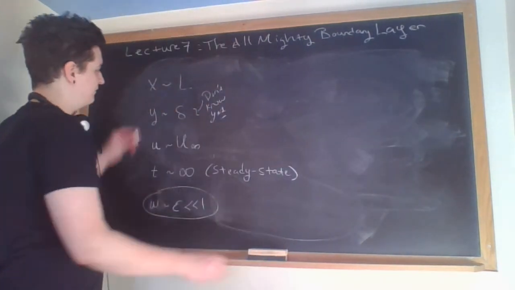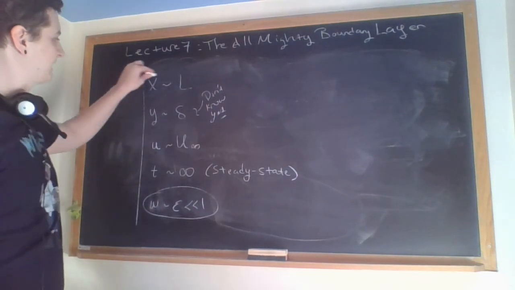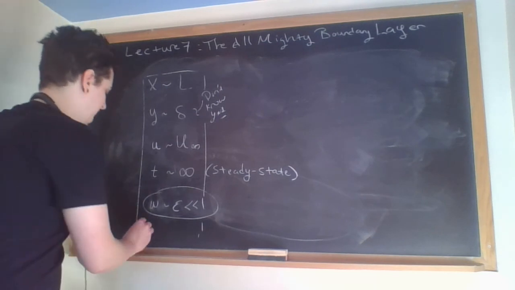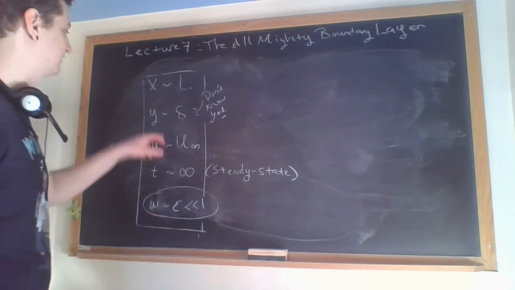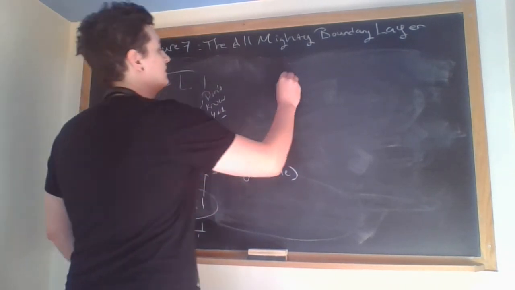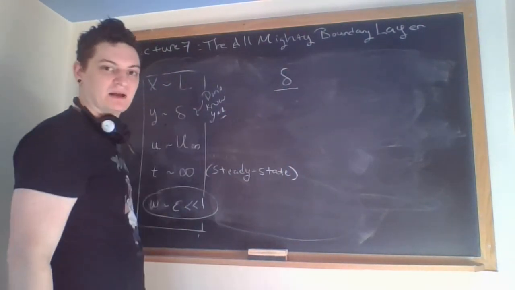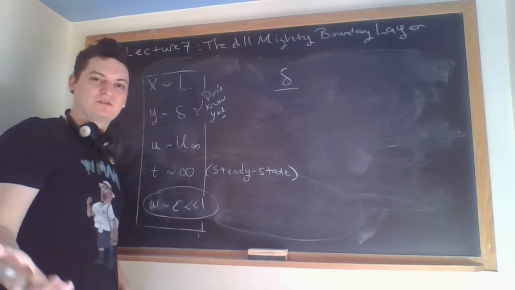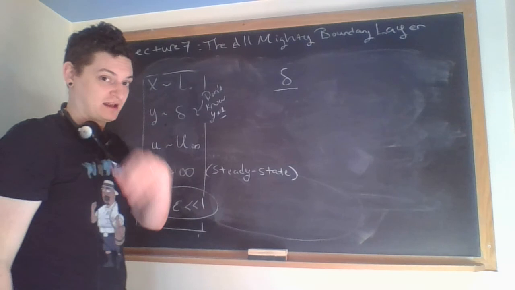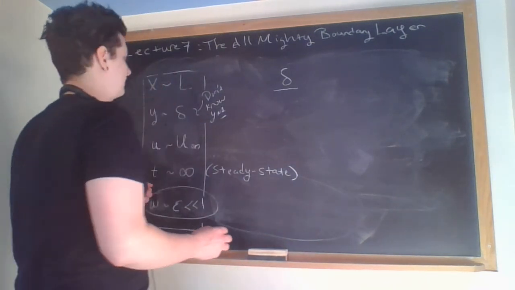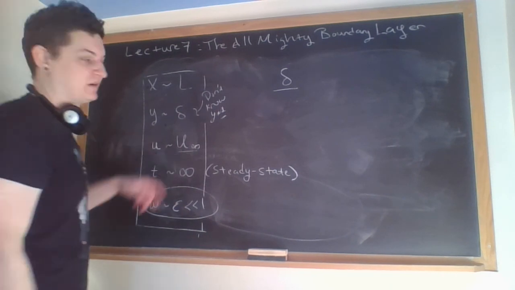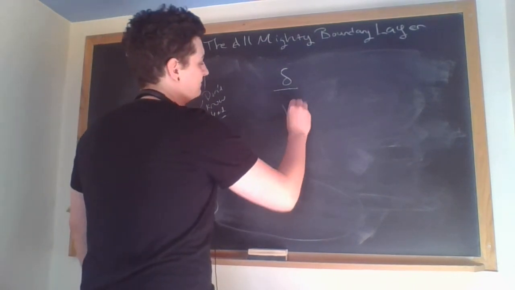Everything will fall out from picking these scales and non-dimensionalizing the equations. There are a couple of things we don't know. We don't know the scale of this boundary layer. Before, I gave you examples: I knew the boundary layer for an airplane was about the size of a credit card, and you'll see how I can get that. The other thing we don't know is, I said that u scales like this velocity, but for the y velocity, I don't know what that looks like.